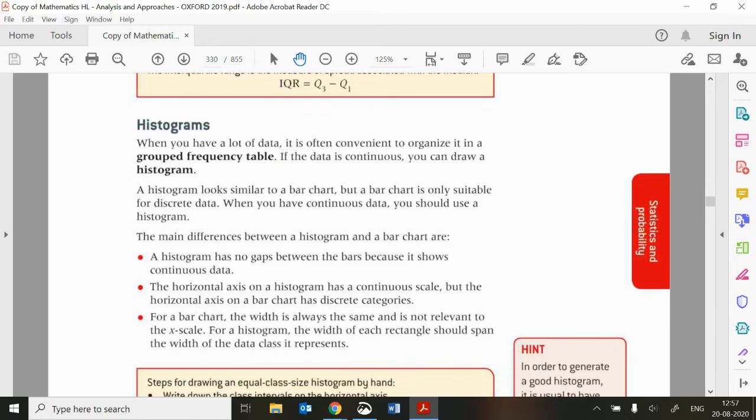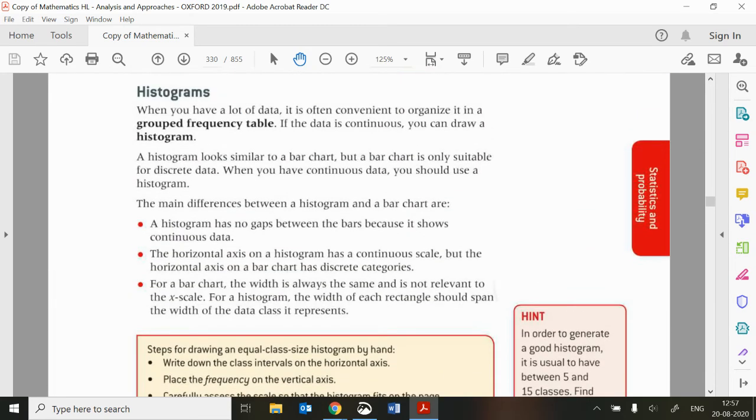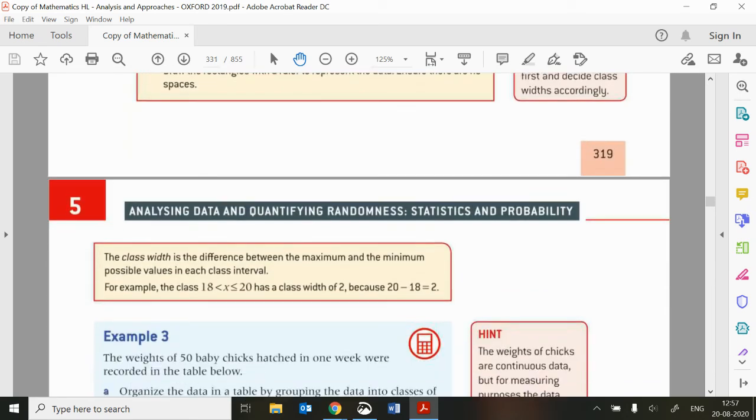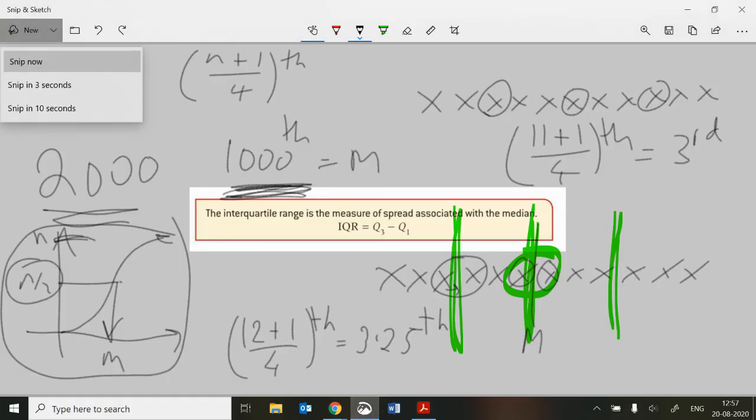Okay, right. So histograms. Here they're talking about just the ones where we've got essentially bar charts, where you've got bars with equal widths. So we're talking about situations like this.